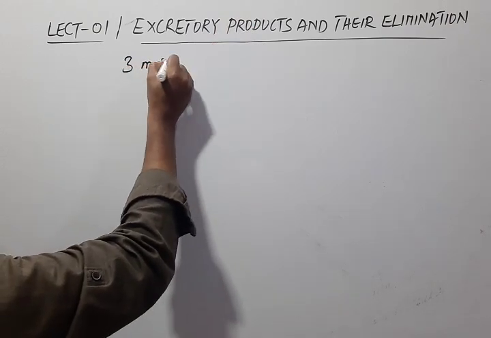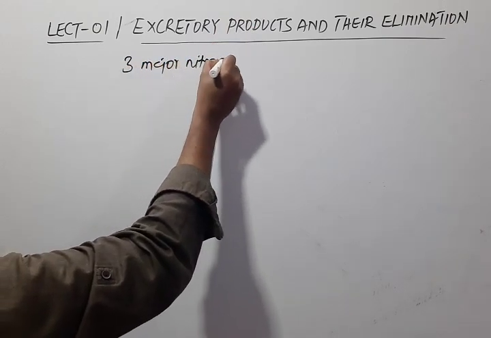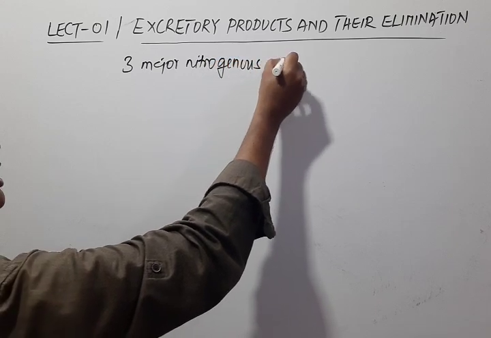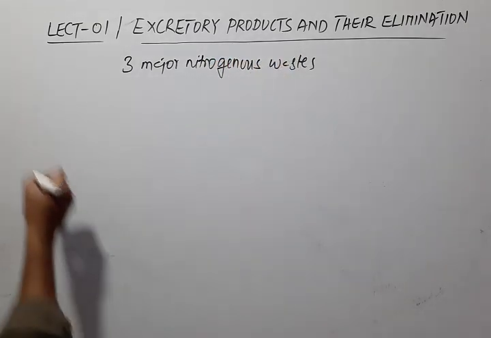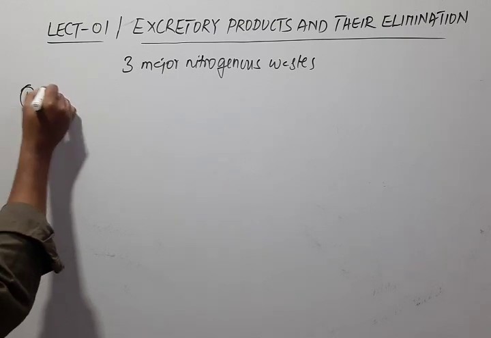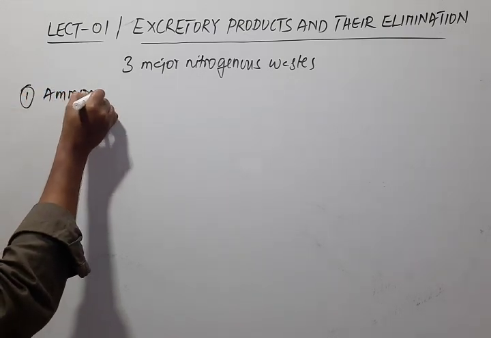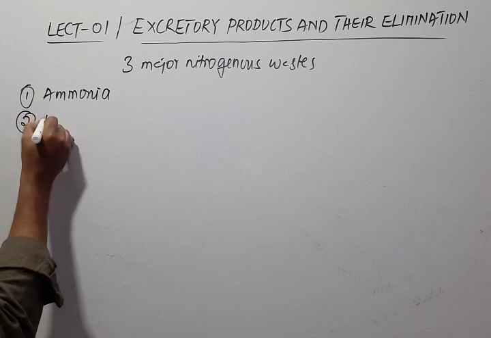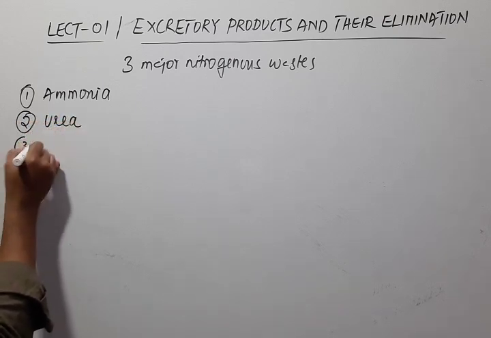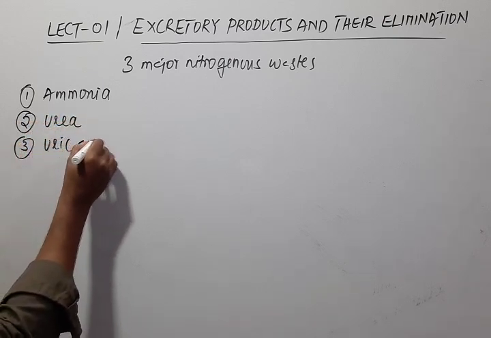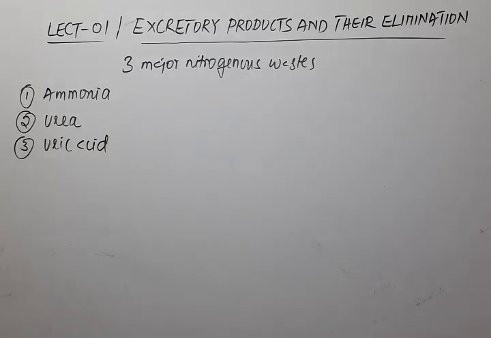So three major nitrogenous wastes. They are one, ammonia, then urea, and then uric acid. The animals who produce ammonia are called aminotelic.